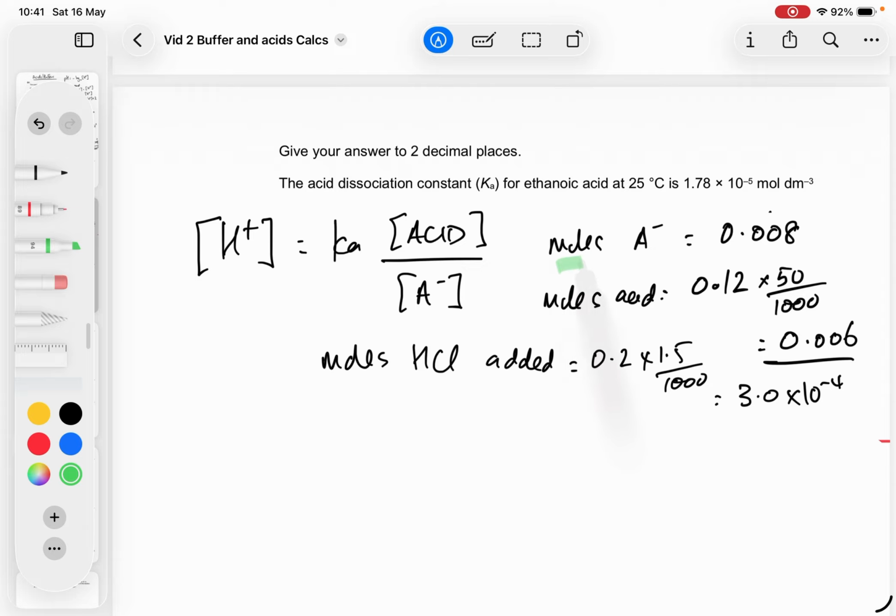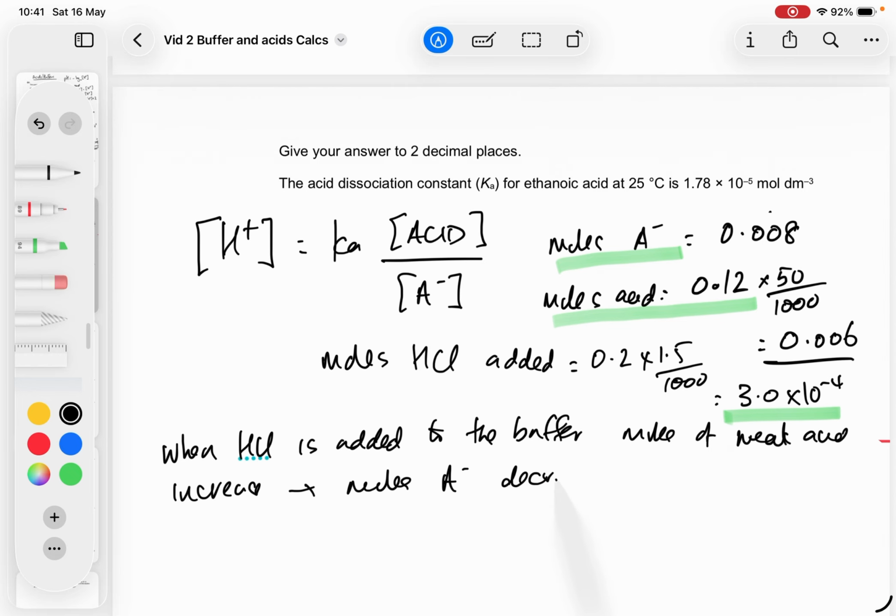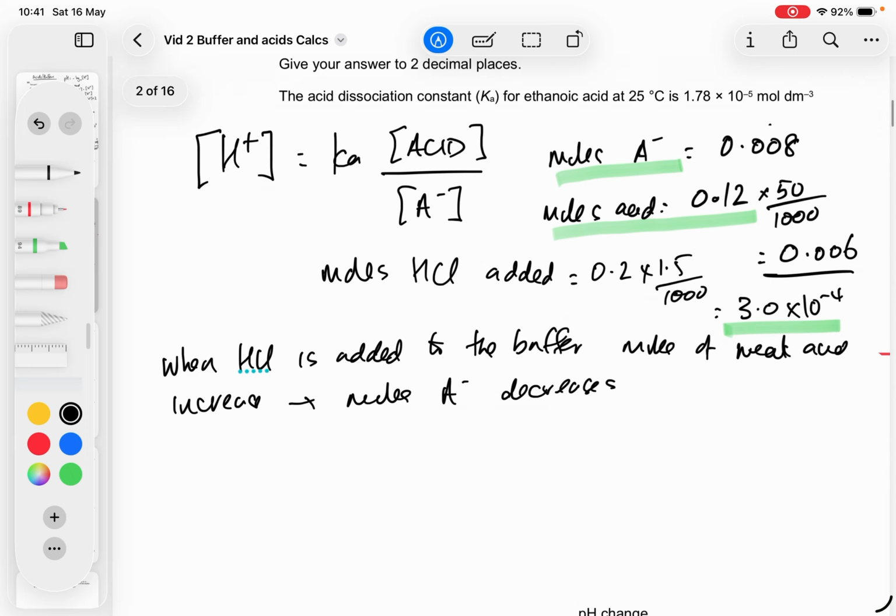So what I want you to understand here is that when HCl is added to the buffer, then the moles of weak acid increase and moles of the salt decrease. And if sodium hydroxide was added, then the moles of the acid would decrease and the moles of the ethanoate would increase. So now let's work out new moles.